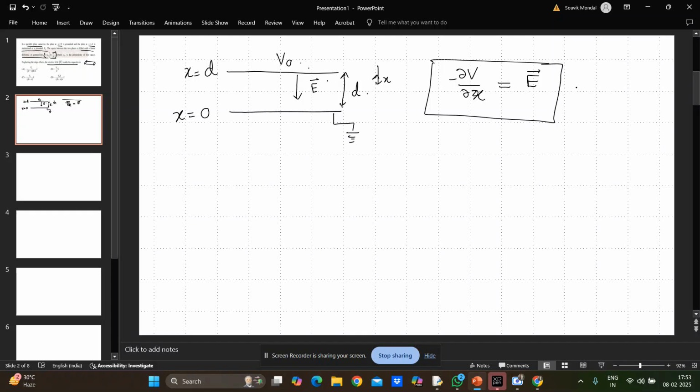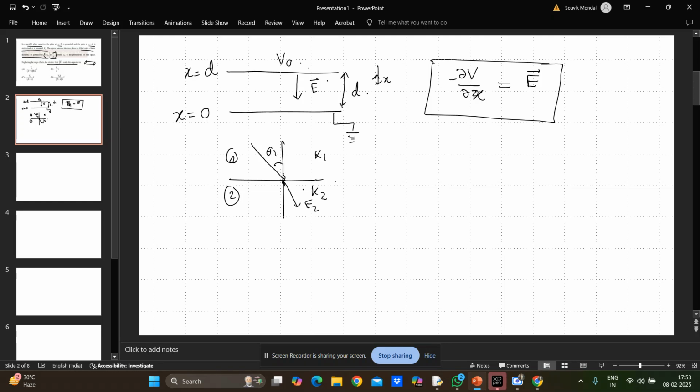Another fundamental thing, which is very important for this concept and the base of this problem: if you have two mediums, say 1 and 2, with different dielectric constants, say K1 and K2, and suppose there is an electric field vector pointing in this direction making an angle theta 1, and another electric field.